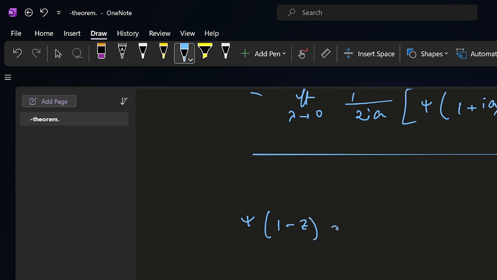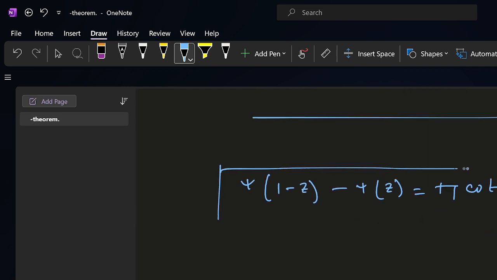But anyway, for this case, let us take the property of the digamma function that psi of 1 minus z minus psi of z equal to pi cot of pi z. This is another property of the digamma function psi z.